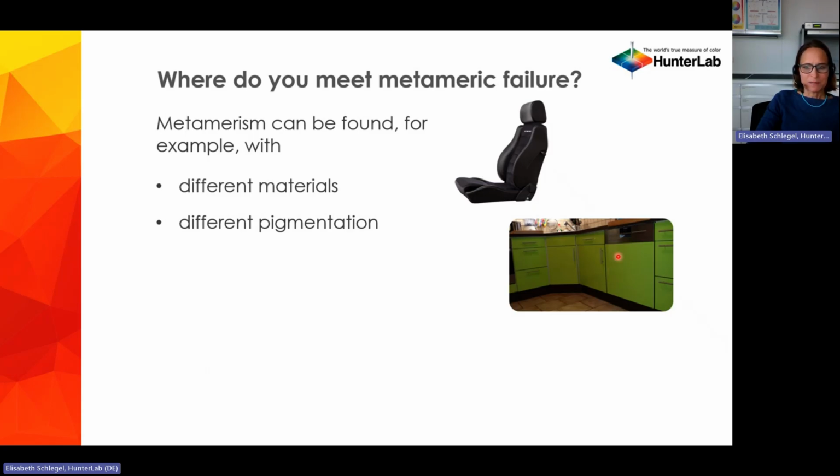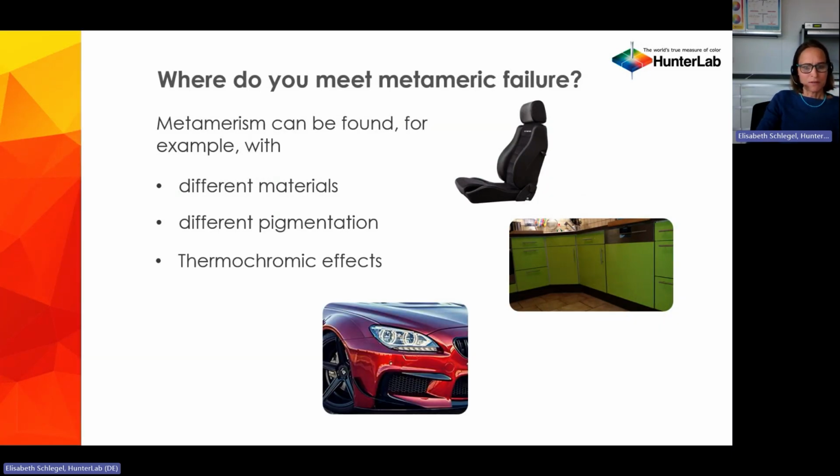Here the surface might be steel with the pigmentation and then wood with the pigmentation, and that might give different colors with different light sources as well. And sometimes you have thermochromic effects. For example, the shock absorber is made of plastics and the hood perhaps of steel, and then at another temperature you might see a different color for another illuminant. So you have to be very careful about that.